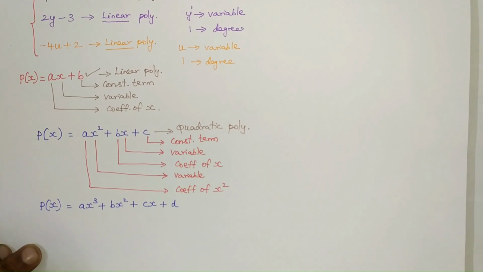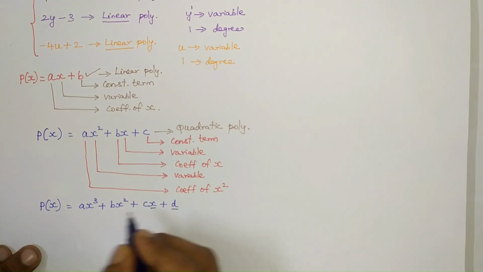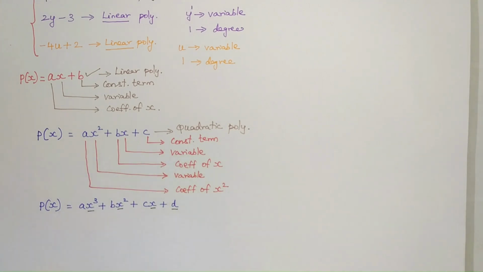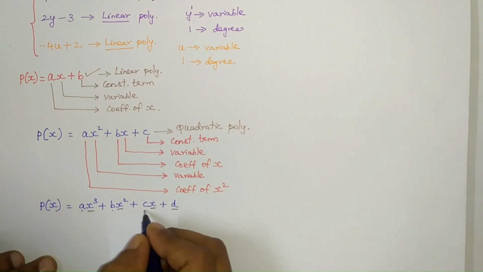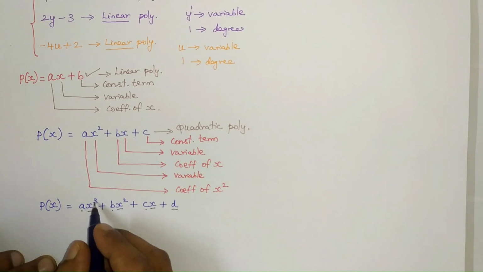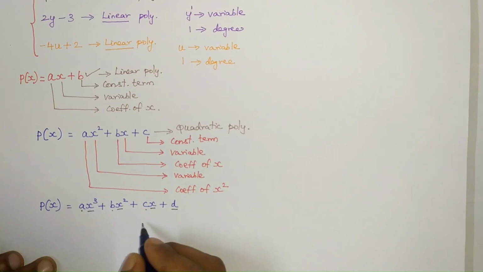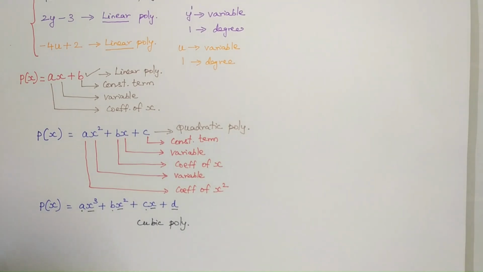Okay. So here d is the constant term, x square and x cube are the variables, a is the coefficient of x cube, b is the coefficient of x square, c is the coefficient of x. The highest degree here is 3, and hence this is a cubic polynomial. This is the general form of a cubic polynomial.